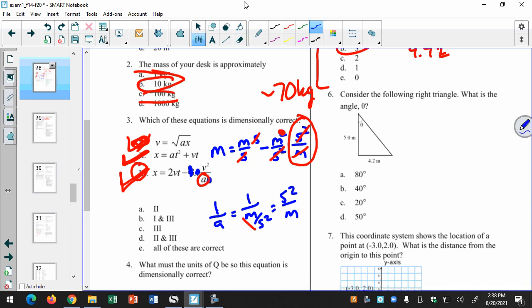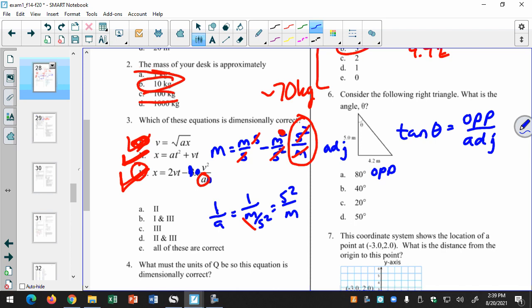Here, if I wanted to know the angle theta, what would I use? What trig function would I use to find the angle theta? Tangent, because I have the opposite side and the adjacent side. I can calculate what the hypotenuse is, but I don't want to do that. If I want to know theta, I would say tan of theta, SOHCAHTOA, is opposite over adjacent.